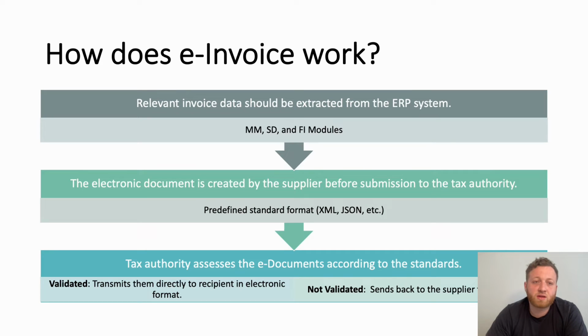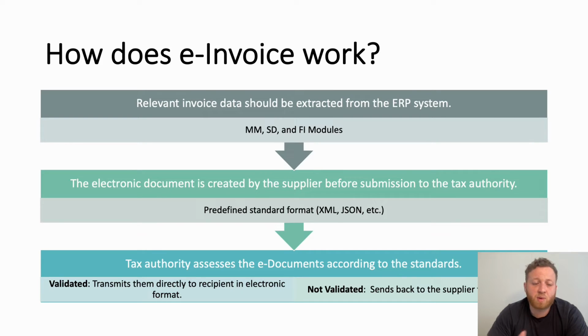So how does e-invoice work? The relevant invoice data should be extracted from the ERP system, so it's our MM, SD, and FI modules. Then the electronic document is created by the supplier before the submission to the tax authority.